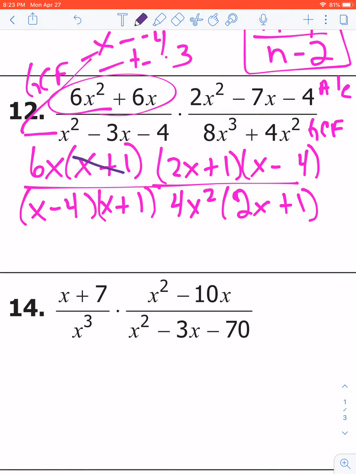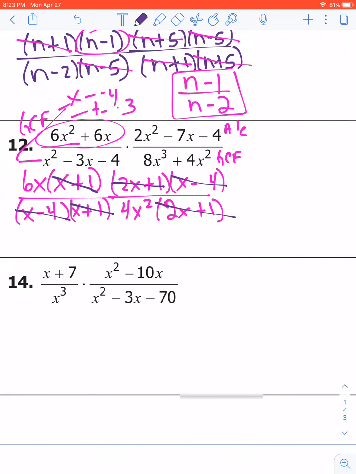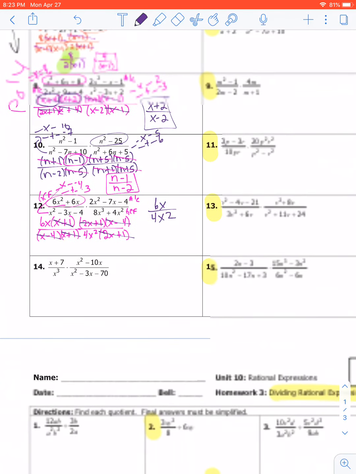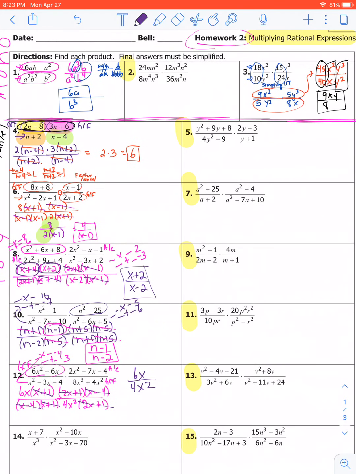I have an x plus 1 on top and bottom, 2x plus 1 on top and bottom, x minus 4 on top and bottom. So what that leaves me with is a 6x over a 4x squared. But now you have to simplify it like it was one of these monomials.